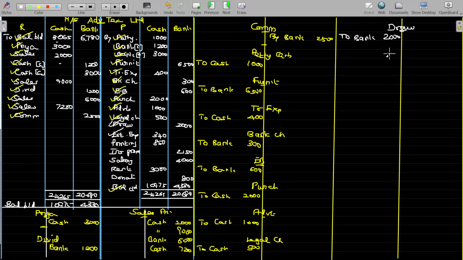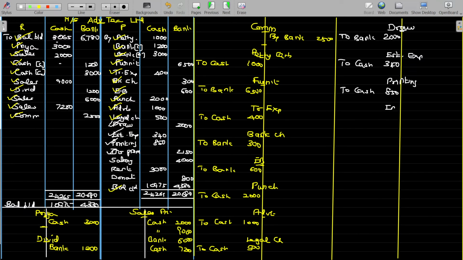Establishment expenses, to cash, 340. Printing, to cash, the value being 850 in the debit side.